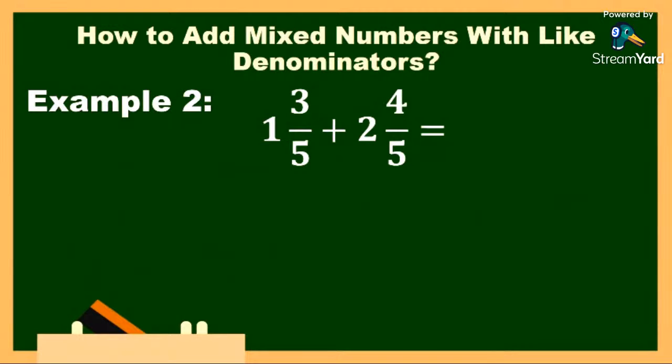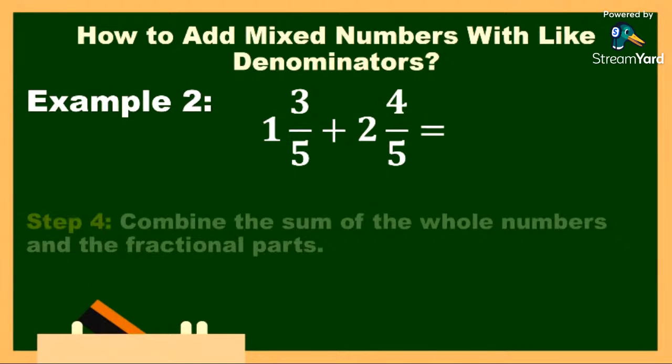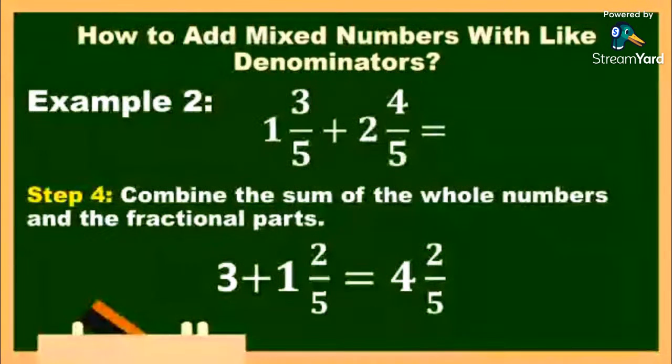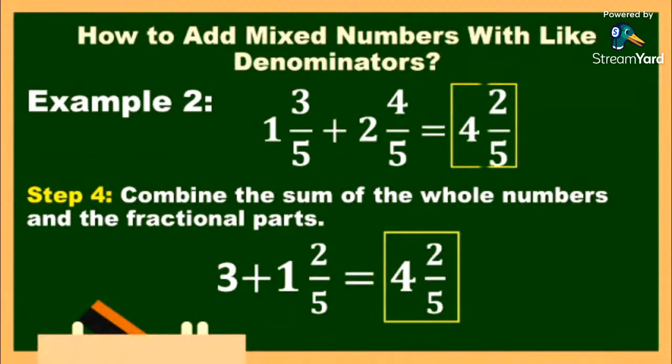Step 4, combine the whole number and fractional parts. So 3 plus 1 and 2 over 5 is equal to 4 and 2 over 5. Ganon din dito sa 1 and 3 over 5 plus 2 and 4 over 5 is equal to 4 and 2 over 5.